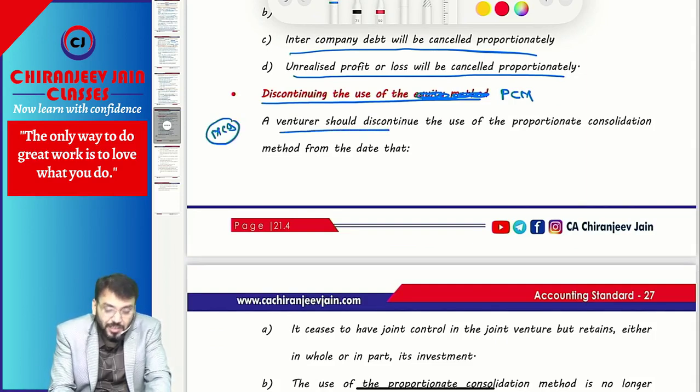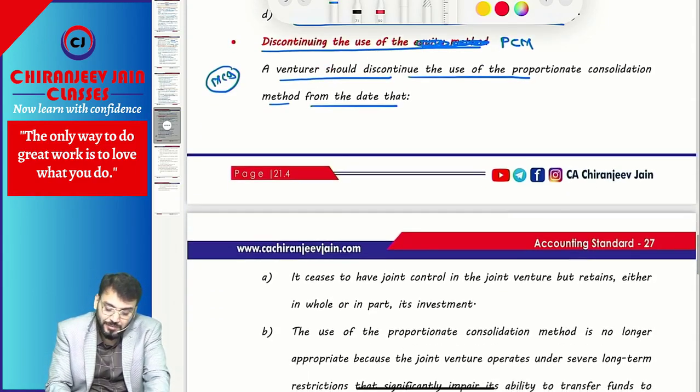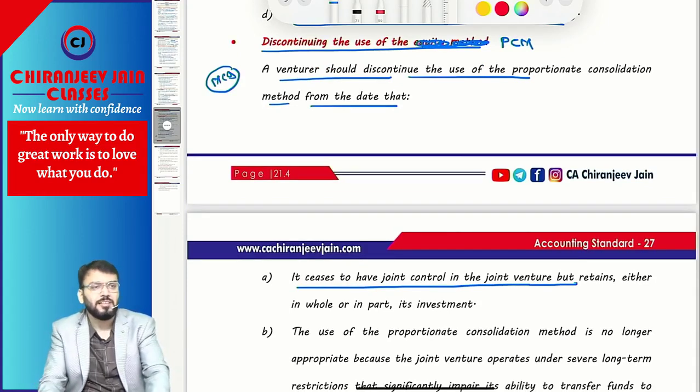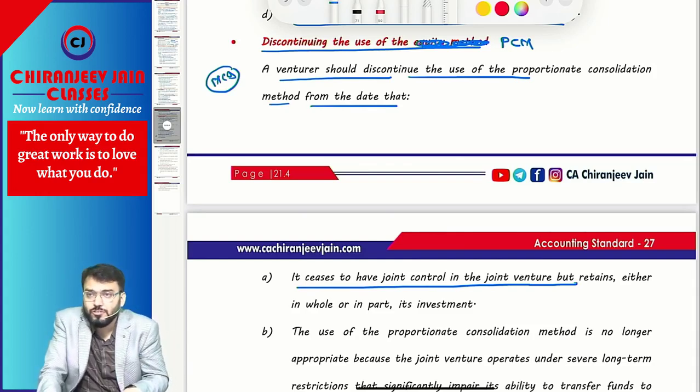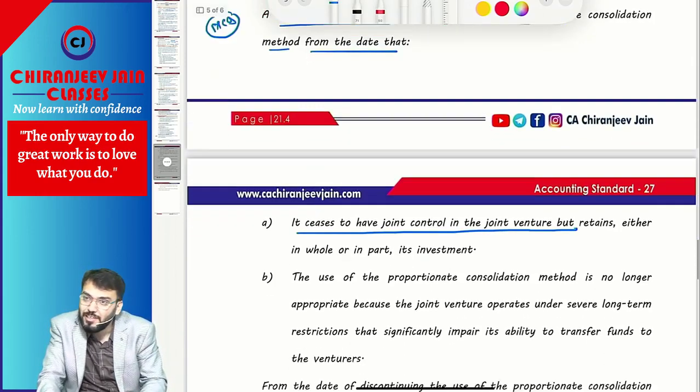A venturer should discontinue the use of PCM from the date it ceases to have joint control in the joint venture, but retains either some or whole investment. Investment is there, but they lost joint control. Understood? If the joint control is lost due to some contractual disagreement, whatever, automatically they will not prepare proportionate consolidation.